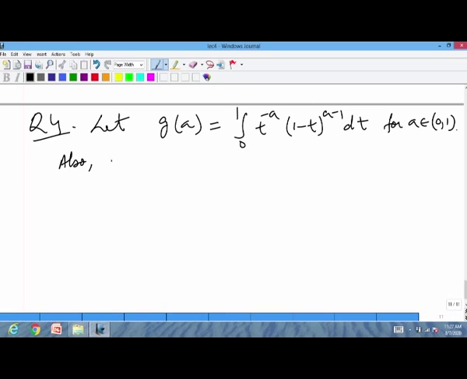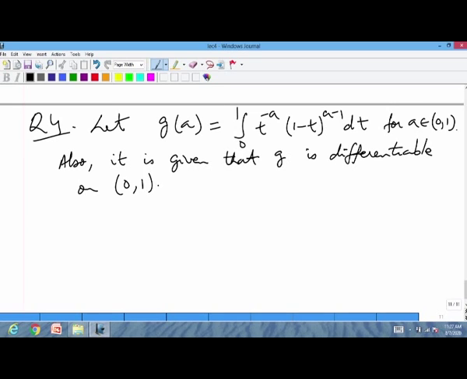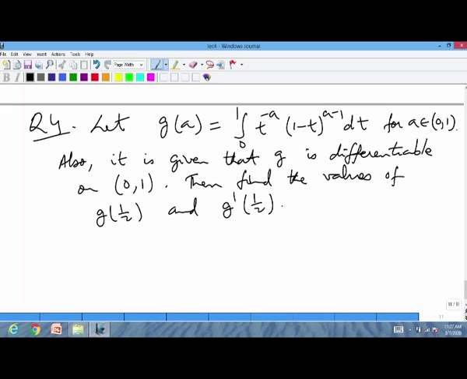Also, it is given that g is differentiable on the open interval (0, 1). Then find the values of g at half and the derivative g prime at half.